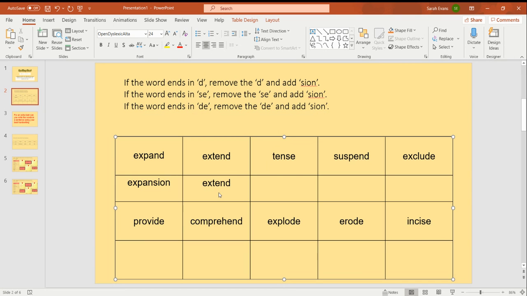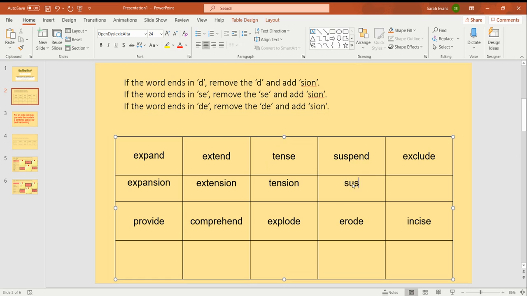Extend. Take off the D and add SION, extension. Some people might have an extension lead where you lengthen out a cable. Tense, we take off the E and add ION, tension. Something's tense, it's got a lot of pressure, there's lots of tension.